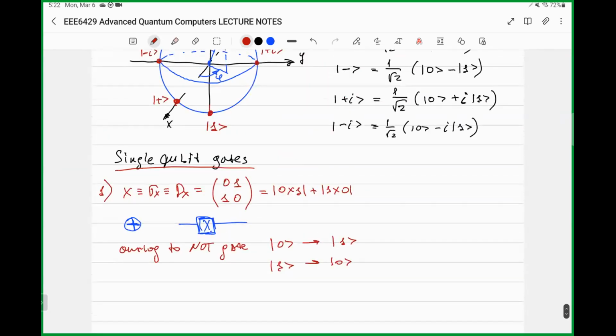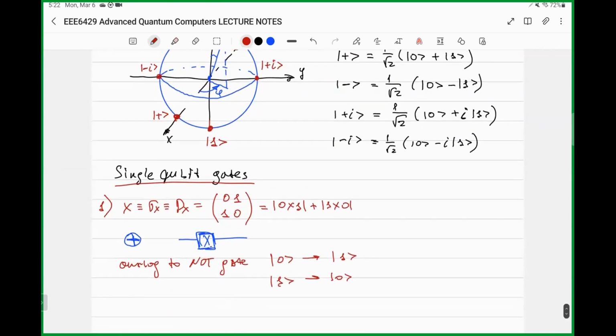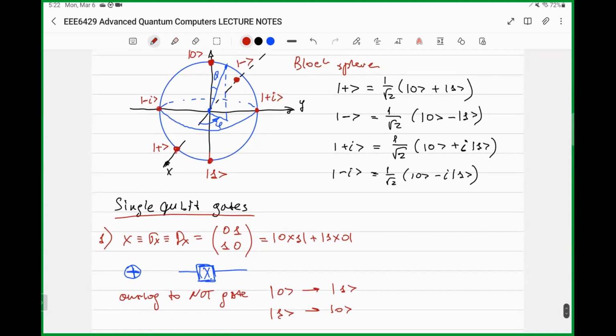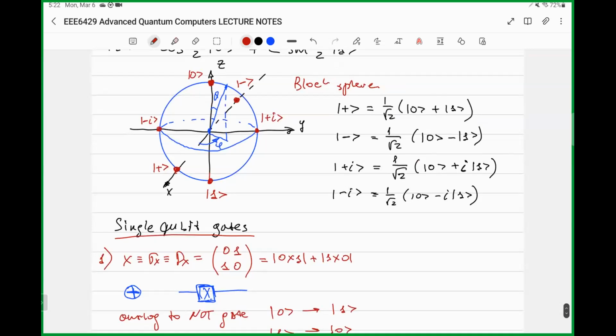Right, and more generally, why is it called the X gate? Because it rotates the state around axis X in the clockwise direction by the angle of pi. As we can see from this Bloch sphere, after applying the gate X, state 0 becomes state 1, 1 becomes 0, and plus i becomes minus i, and minus i becomes plus i.